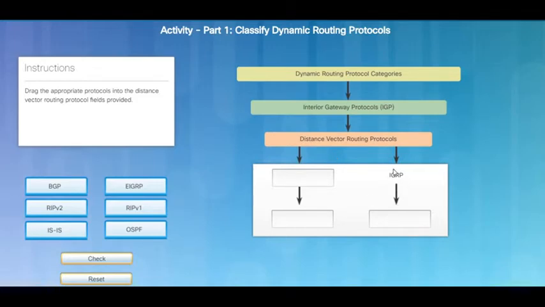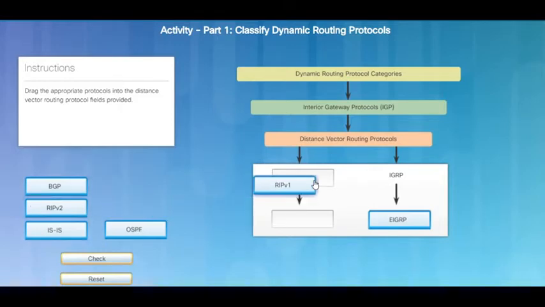Given is the IGRP right here. So the enhanced version of IGRP, here are the choices. Correct, we have the EIGRP. And what is the other type of distance vector routing protocols aside from IGRP?